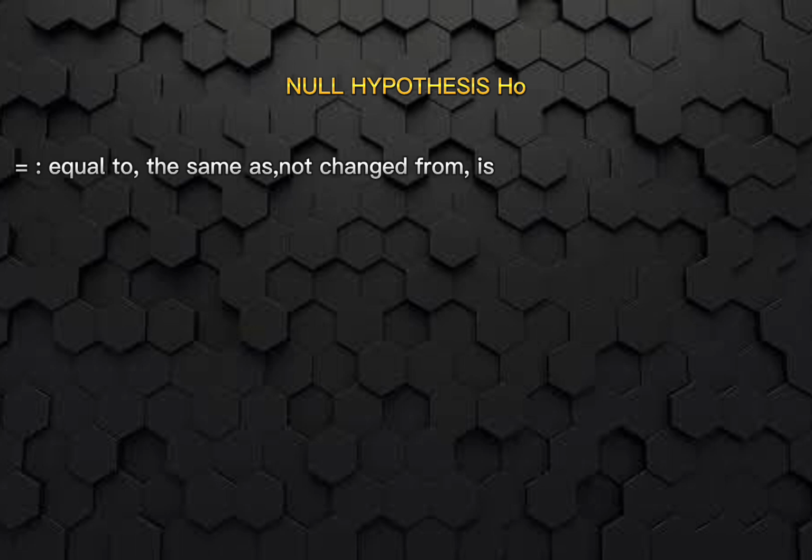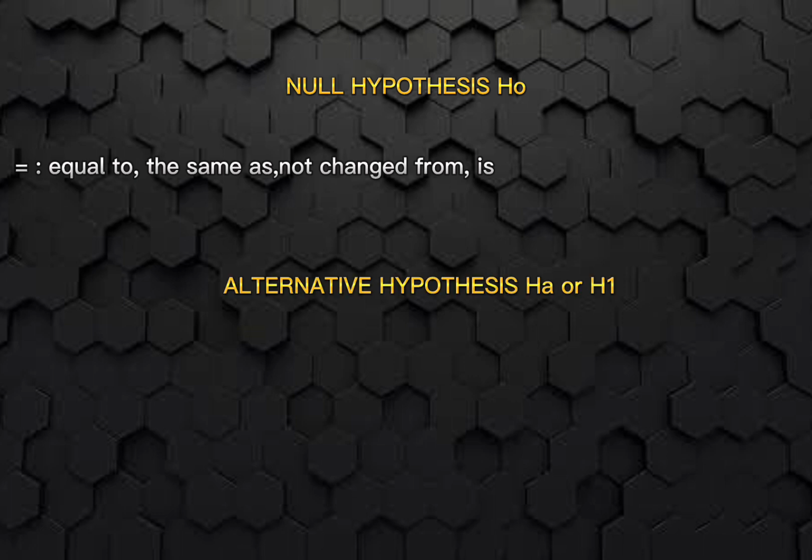For null hypothesis, gagamitin natin na symbol ay ang equality or equal sign. And then, kapag na-encounter natin ang mga word na equal to, the same as, not change from, is, ang gagamitin natin na sign is equal sign or equality sign.